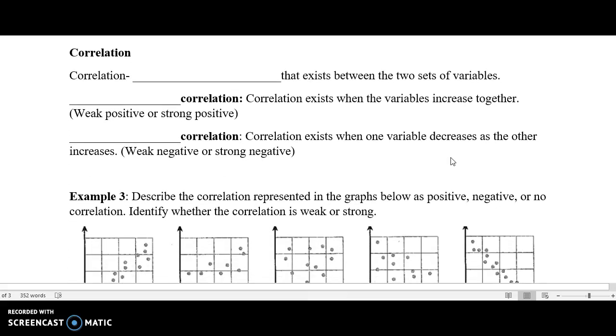Okay, some more definitions that we need to know. A correlation is the relationship that exists between two sets of variables. So you can have two types of correlations.